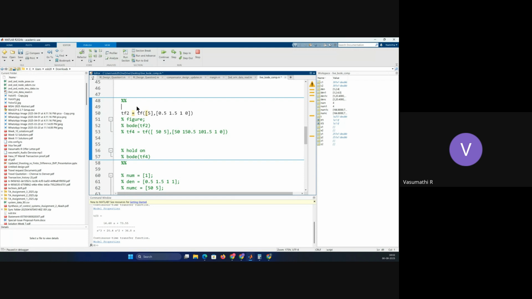So this is my second system for lag compensation problem.